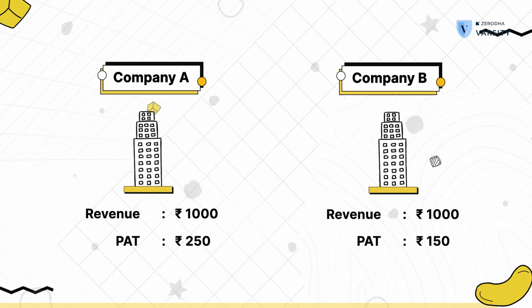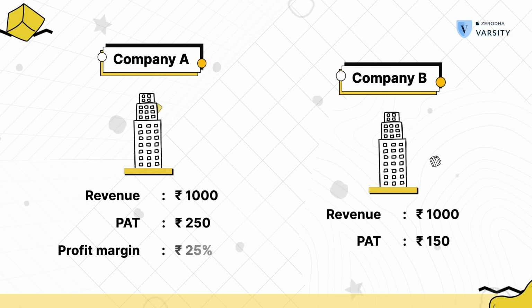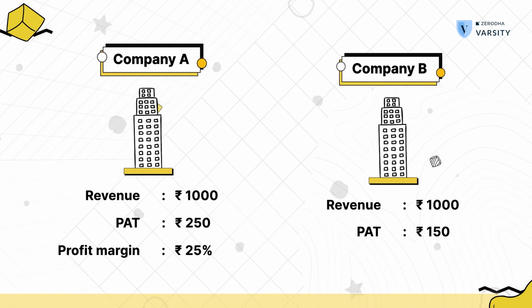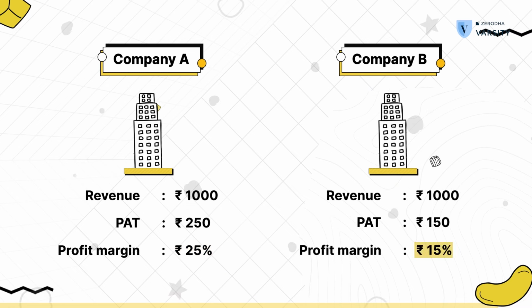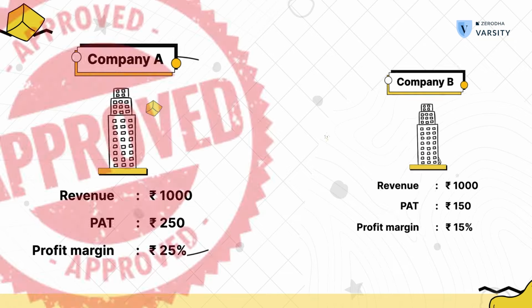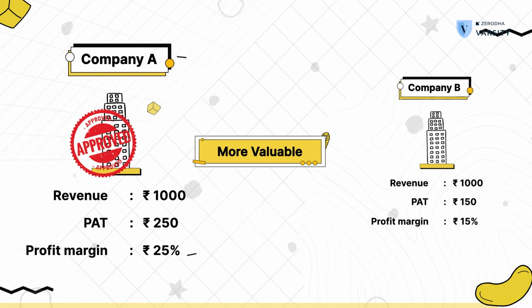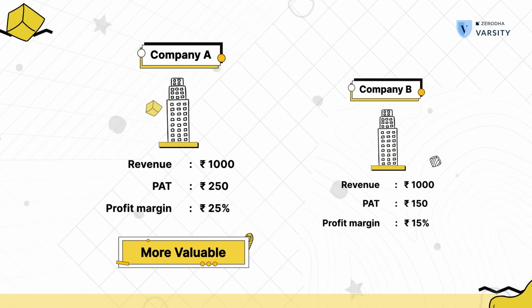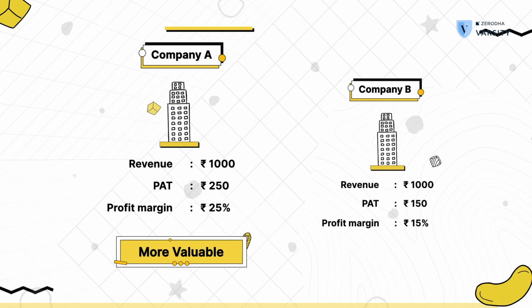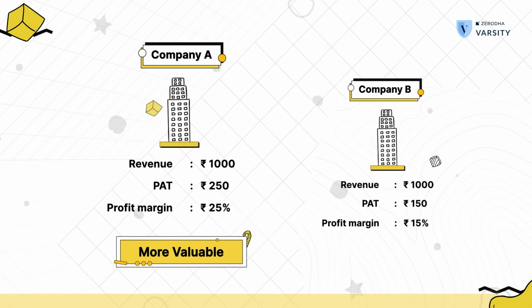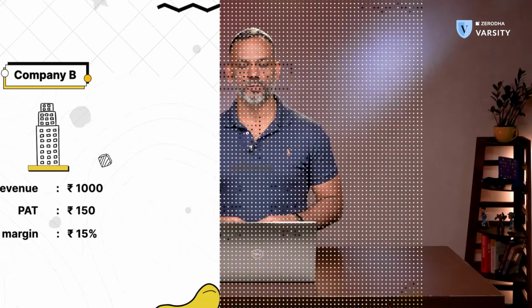In this case, Company A has a profit margin of 25% versus Company B, which has a profit margin of 15%. Here, Company A's sales is more valuable than Company B's. Hence, if Company A is trading at a higher price to sales, then probably the valuation is justified because it has a higher PAT margin. So whenever you feel that the price to sales of a company is on the higher side, always do pay attention to the PAT margin to see why the price to sales is on the higher side.